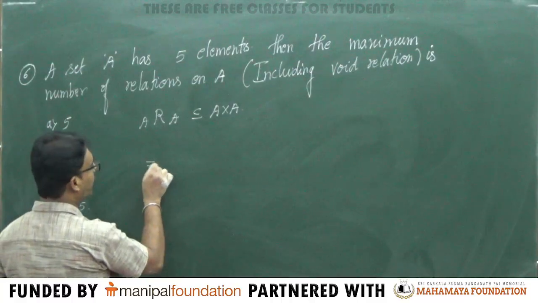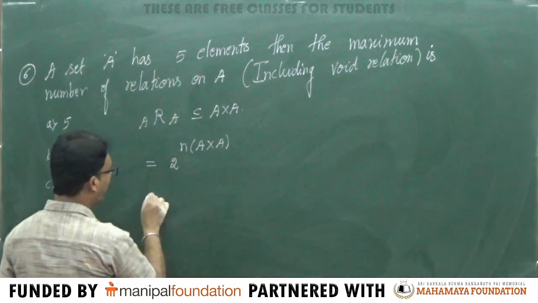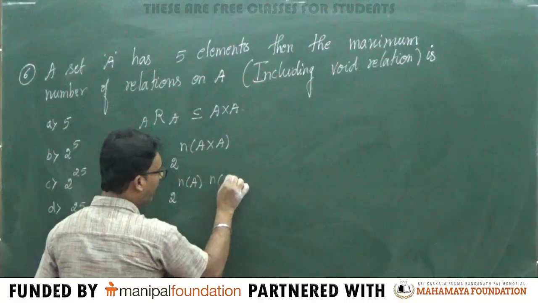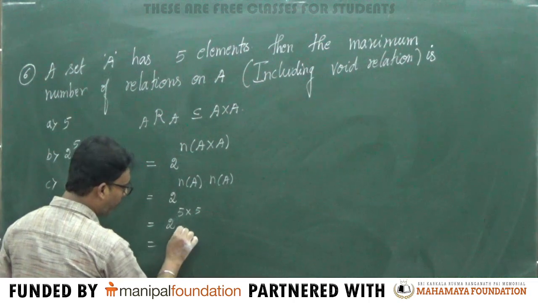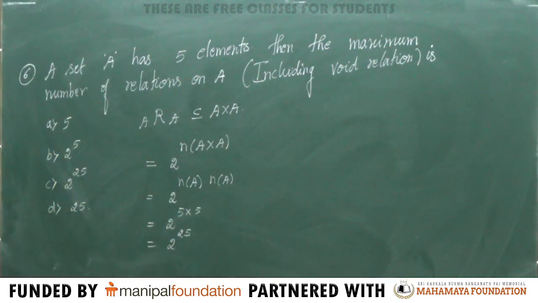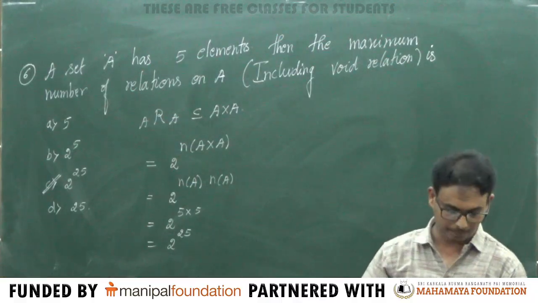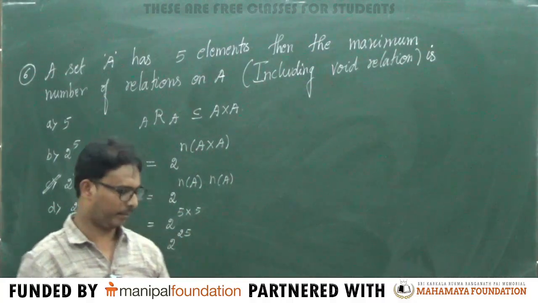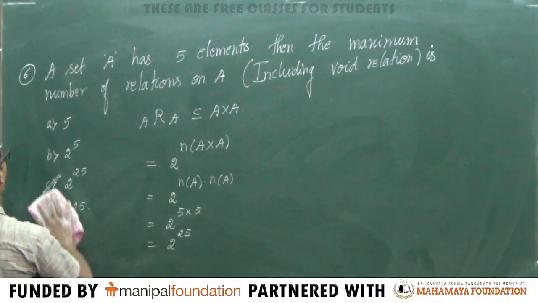Then the number of relations is 2 to the power of the number of elements in the set A cross A, that is 2 to the power of 5 into 5, which is 2 to the power of 25. Therefore, the number of relations on the set A is 2 to the power of 25. The correct answer is option C. Next problem.